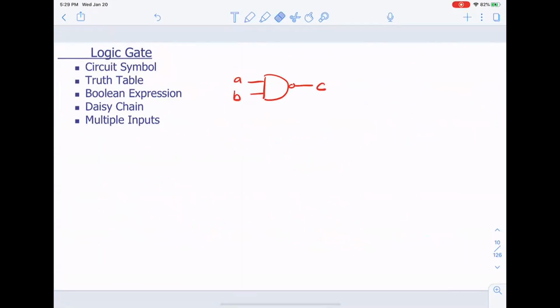You know what? I'm going to change this up a little bit just to let you know that you can change the case and the letters. So it could be X and Y, and then output Z, capital letters. We're going to get used to that as we encounter the homework. So you put a capital X, a capital Y, capital Z for the output, vertical line separating the two, count to 3. And then you say, well, what kind of gate is this?